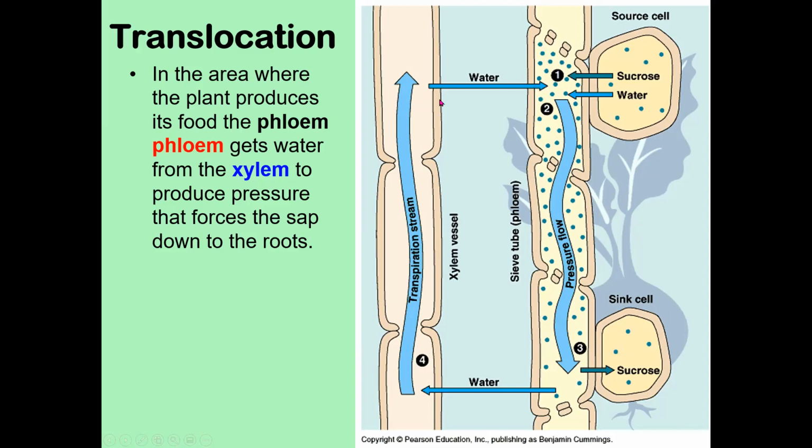Now that attraction of water flowing into here builds up a pressure. So this pressure pushes everything down. And then once it reaches the roots, the sugars are actively taken out and actively moved into these cells and stored there.